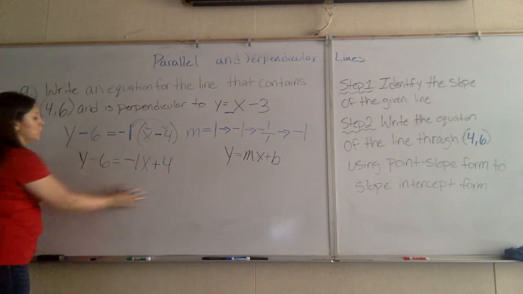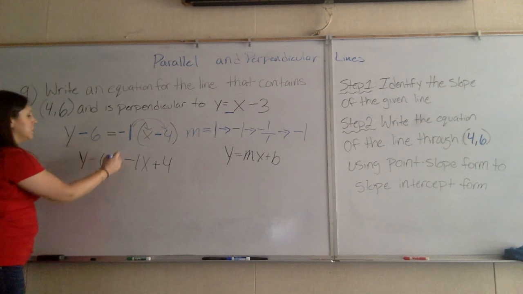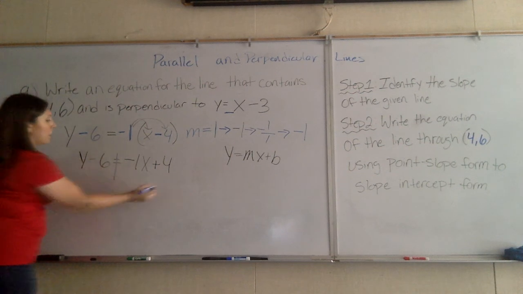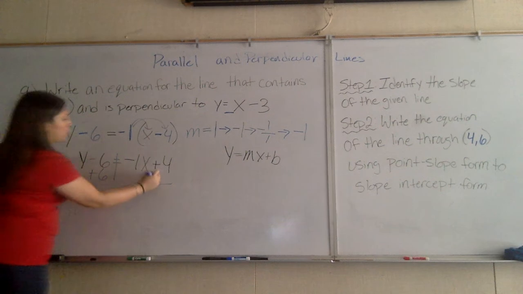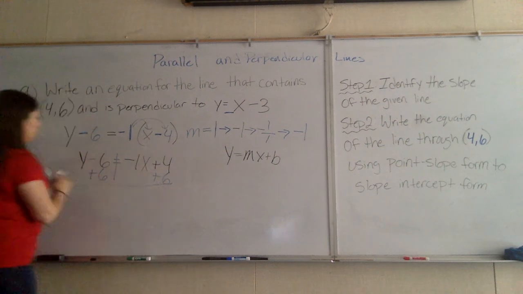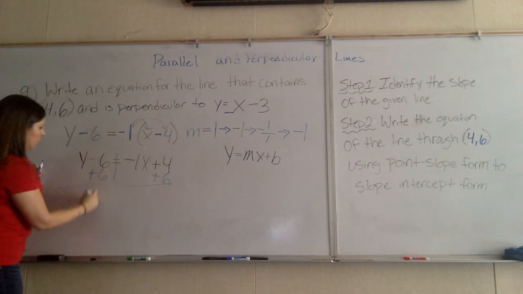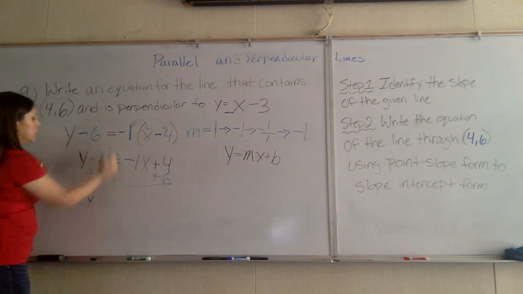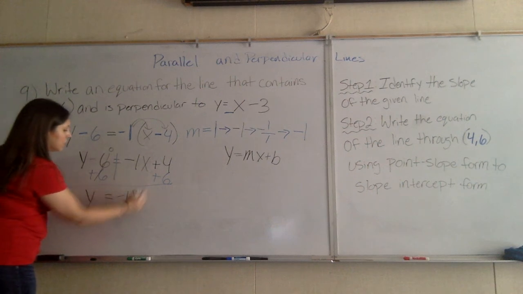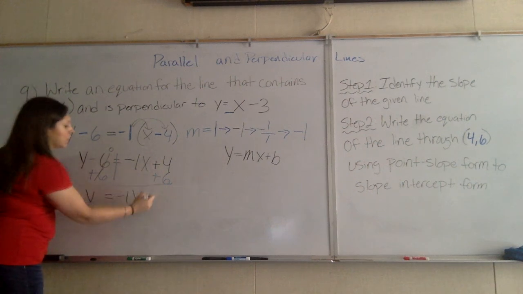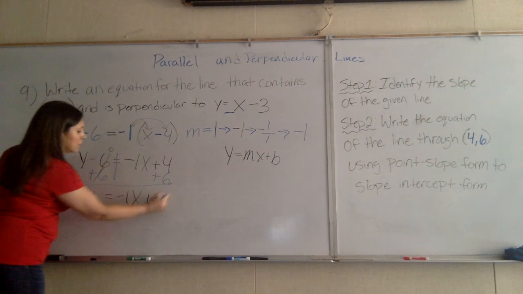I can now move this guy over because everything on this side is simplified. I'm going to do my upside down T. I'm going to add 6 to both sides. And I'm going to get y, this becomes a 0, equals, bring down my negative 1x, and 4 plus 6 gives me a 10.